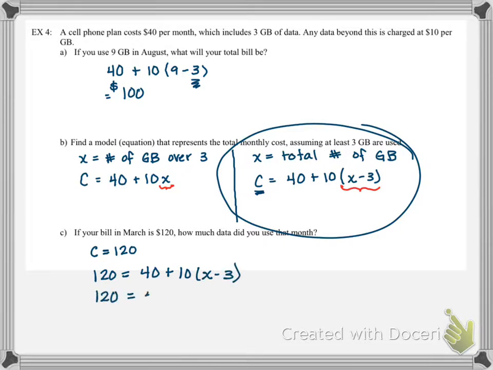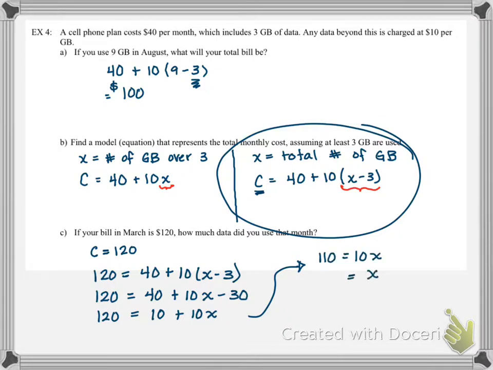So we're going to simplify on the left first. So 120 equals 10 plus 10x. And so x equals 11. And because we used the equation on the right, we found our final answer.